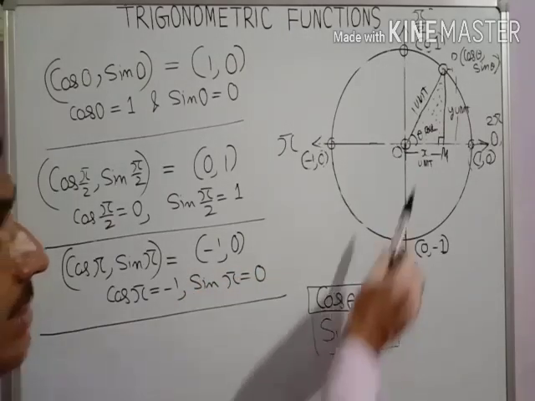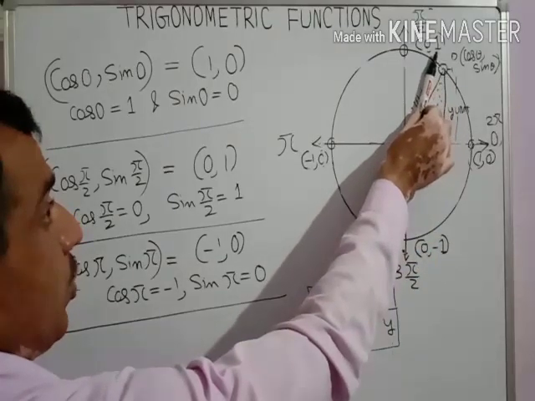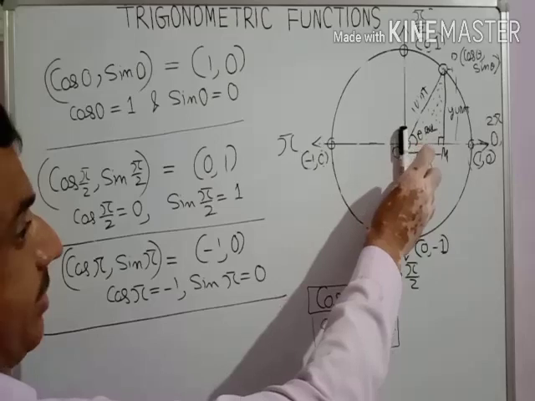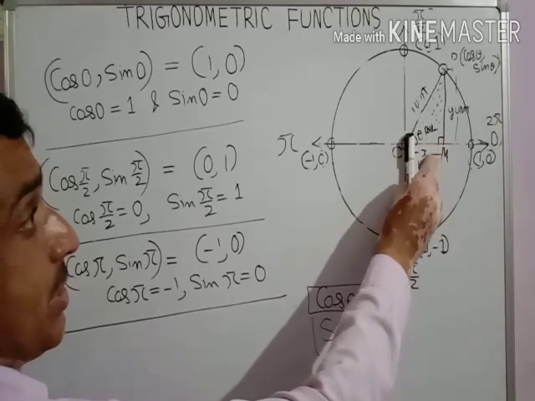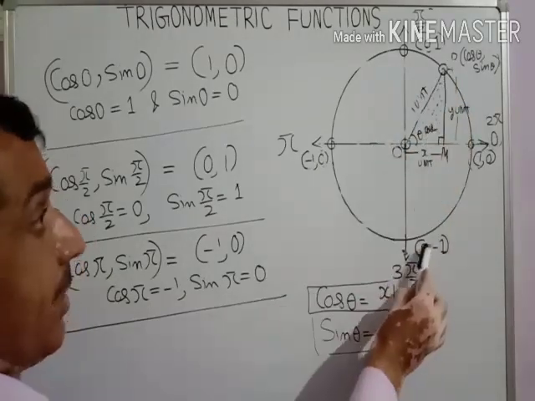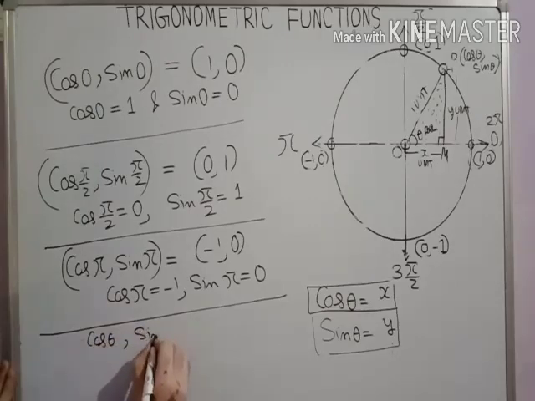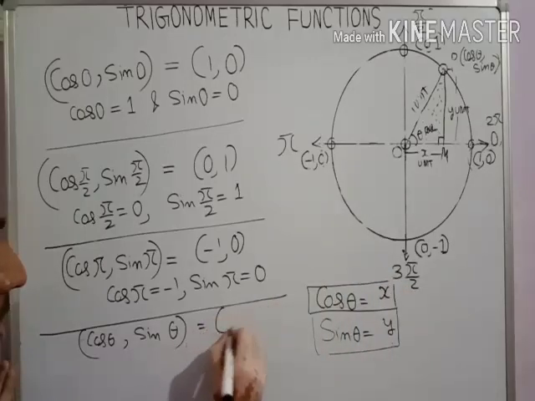And now you visualize this line is moving anti-clockwise. Now it is moving and it stops here. If it stops here, point P and this point will coincide. I mean, this is P. I write like this only: cos theta comma sin theta equals this point 0 comma minus 1.